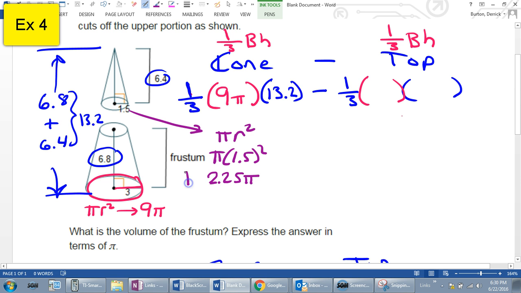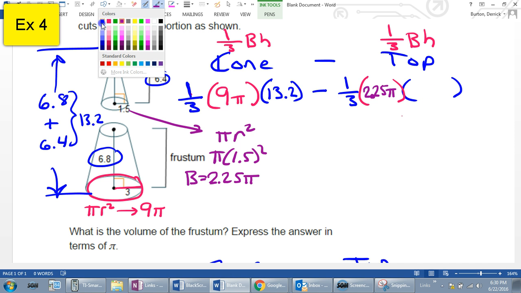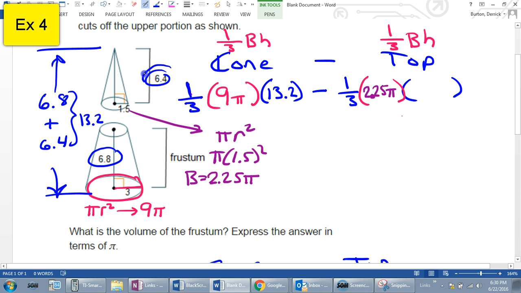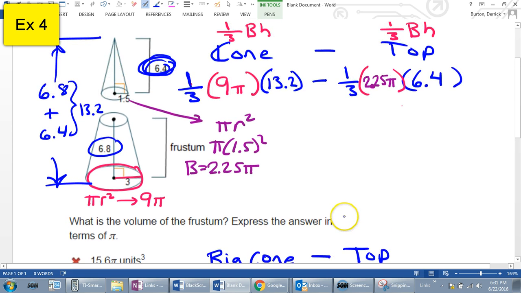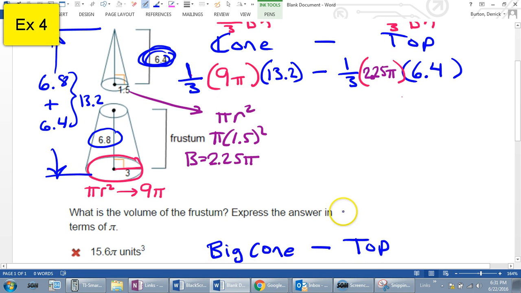Okay, that's the area of the base for the small cone. So that goes here, 2.25 pi. All right, and then we need the height. Well, the height of the small cone is given as 6.4. Okay. So let's see. Do they want us to multiply it out? All right, looks like they want us to multiply it out.